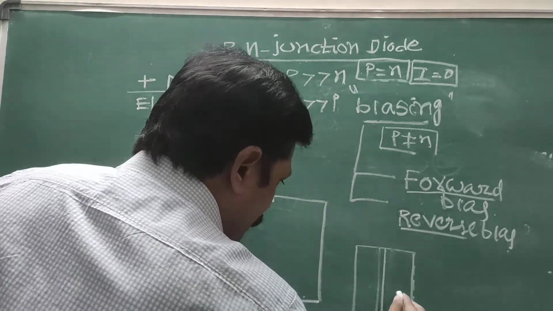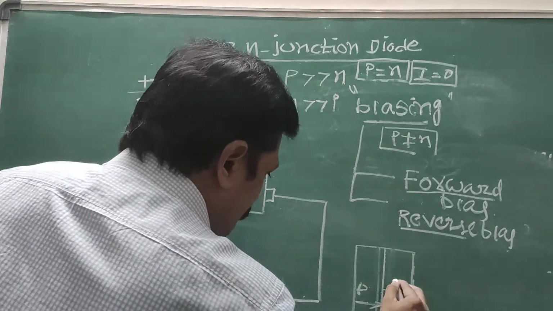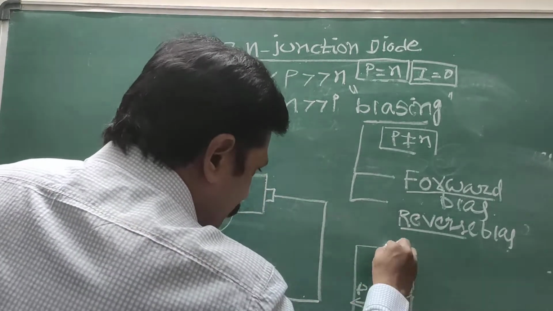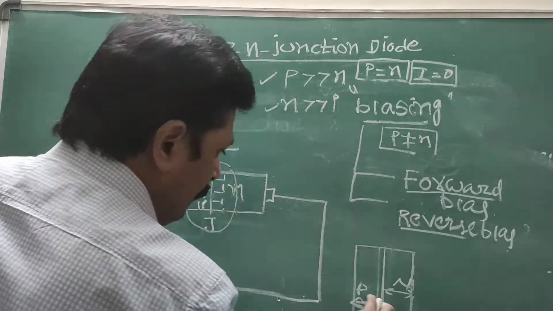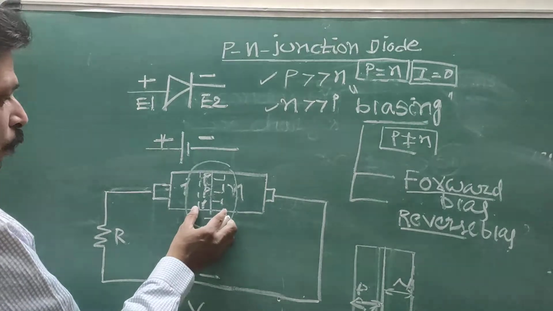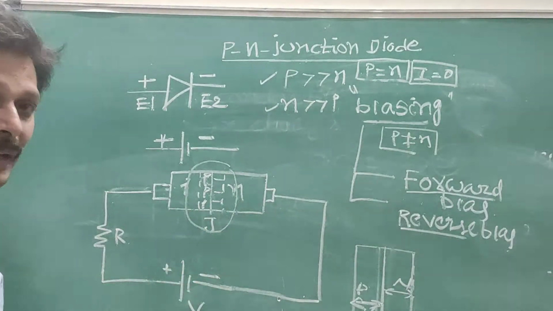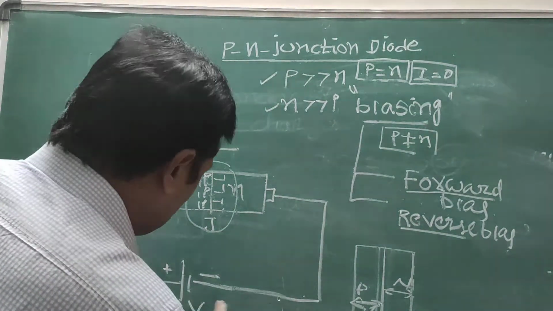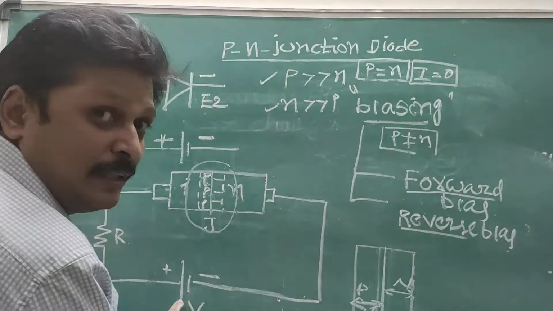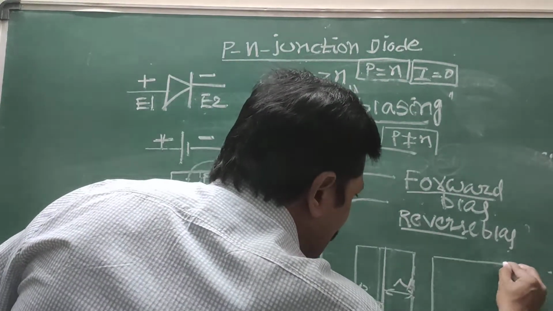That means the P side and N side widths are the same under open circuited or unbiased condition. This is called unbiased. Now we are applying the biasing. Once the forward biasing is applied, what happened? You observe the change now like this.